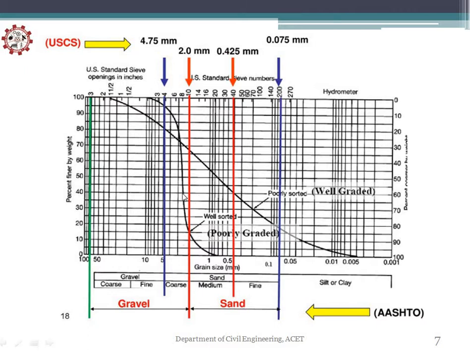If this type of shape is there, then it is well sorted, that is, poorly graded soil. That means most of the soil is of the same size. This axis is percentage finer and this is the grain size. So this is how the grain size is taken care of by AASHTO.